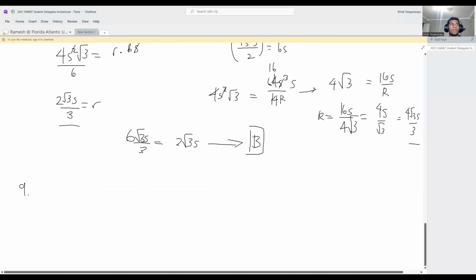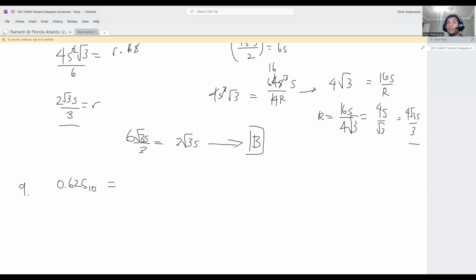Okay, we're told to convert the base 10 decimal 0.625 to base 2. All right. So again, recall what the base expansion of a decimal number means. It means that we're writing this as 6 times 10 to the negative 1 plus 2 times 10 to the negative 2 plus 5 times 10 to the negative 3.